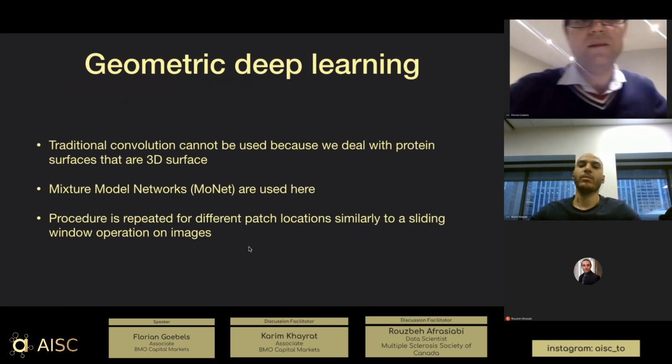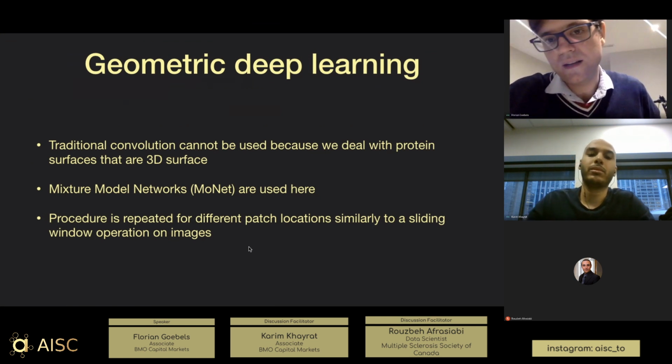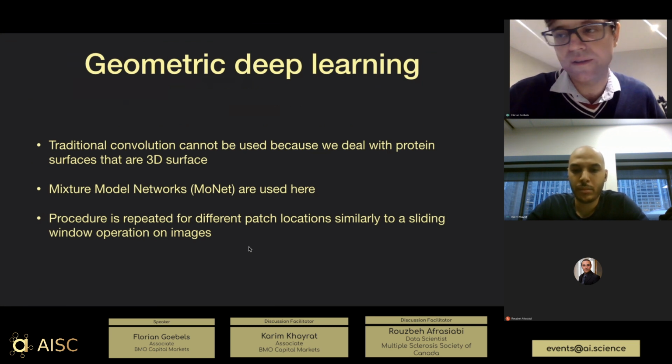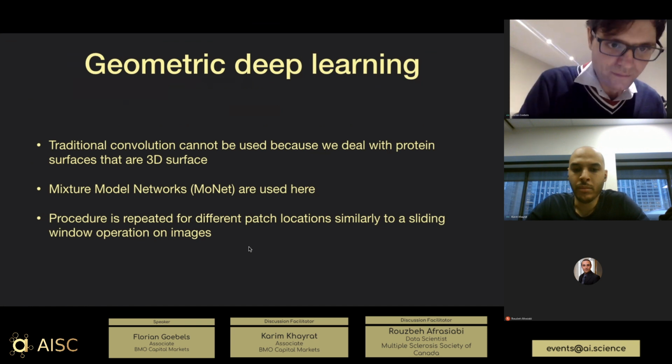So the problem is, now I want to do convolution, right? Or they want to do convolution. We have a surface, and we want to describe the relationship of all the nodes in that surface to each other with respect to those 5 features we declared.